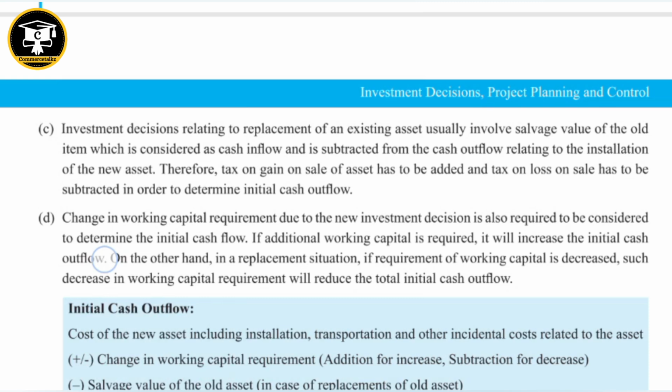And also whatever income we receive, gain on sale of asset, will be added and loss will be deducted from the initial cash flow. Finally, we will consider changes in working capital position. If there is any requirement for additional working capital, it also increases our initial cash flow. So working capital also affects our project's cash flow.